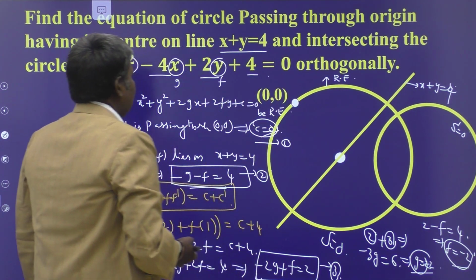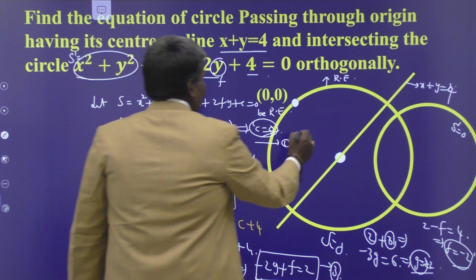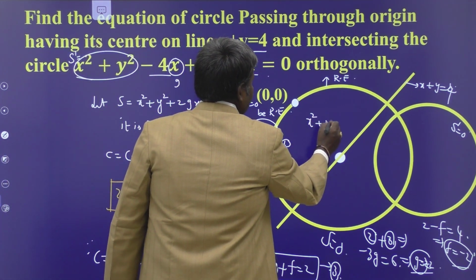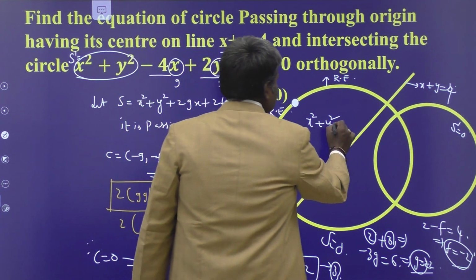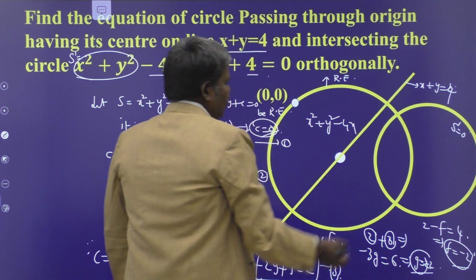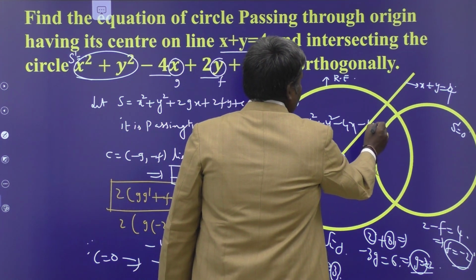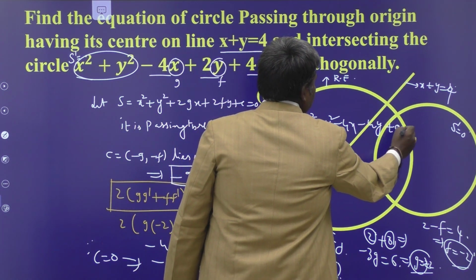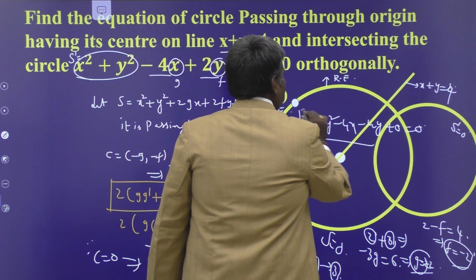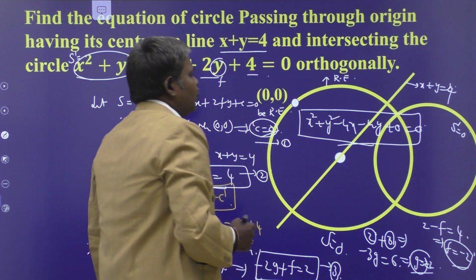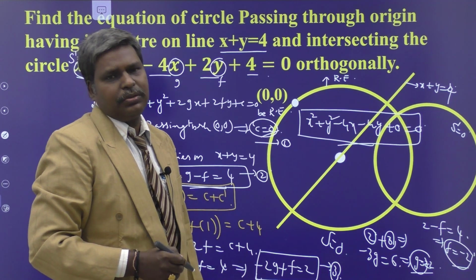So can I write the answer or not? What is the answer now? X square plus y square, 2gx, 2 into minus 2, minus 4x, 2fy, 2 into minus 2, minus 4y, plus constant, your constant is 0 itself, that is 0. So your answer is x square plus y square minus 4x minus 4y equal to 0.